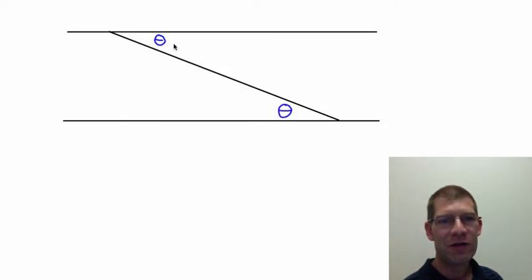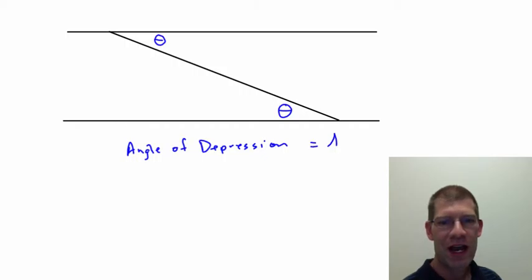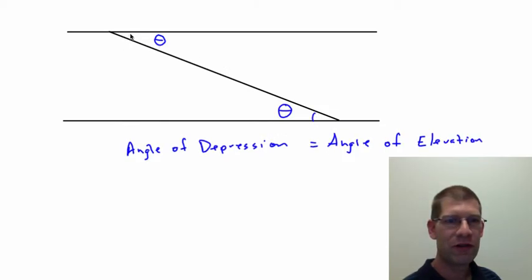So your angle of depression has to equal your angle of elevation. Or you could put in your little symbols like that. And that'll be true always. So if you can find the angle of elevation, but you were supposed to find the angle of depression, find the angle of elevation, it's the same thing.